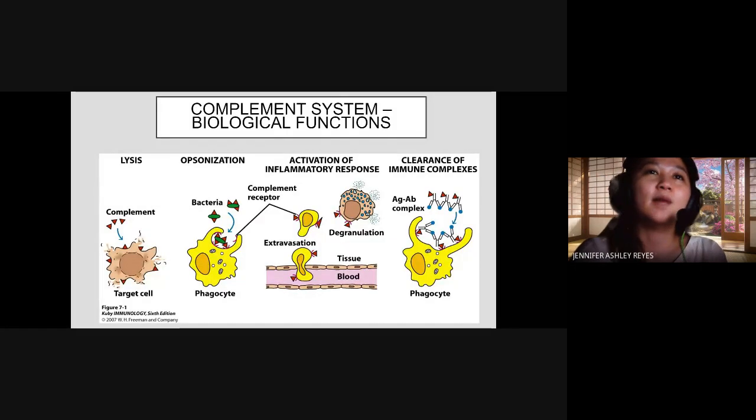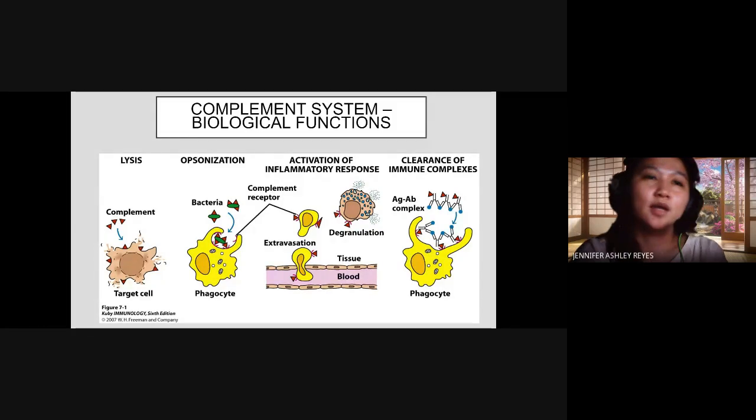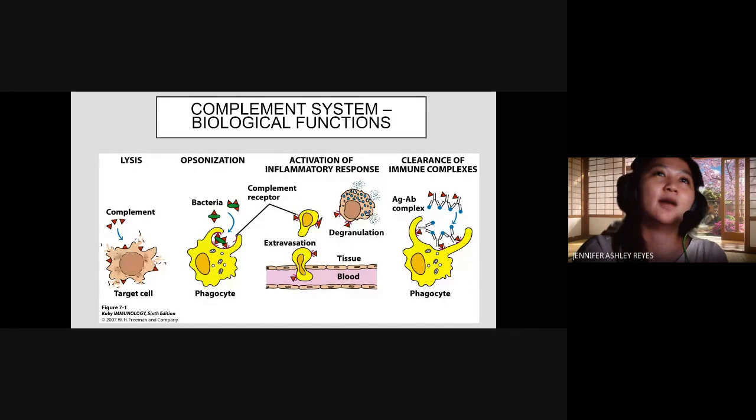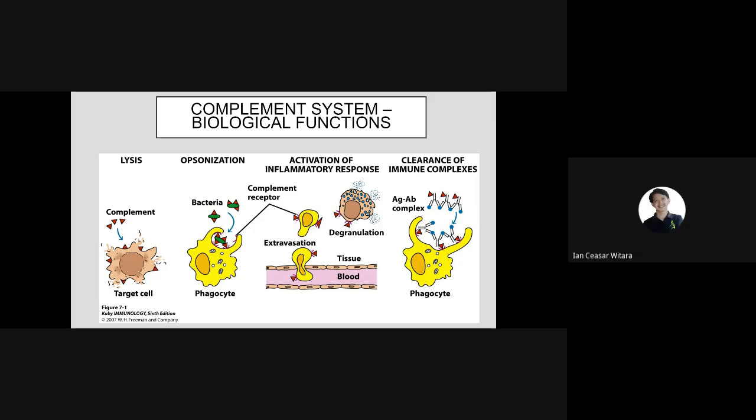So, ano yung mga biological functions ng ating complement system? So, primarily, they are responsible of lysis of the pathogen. Next is opsonization. Ano nga yung sabi ni Sir Red about opsonization? Ano yung function niya? Parang tagging po, no?